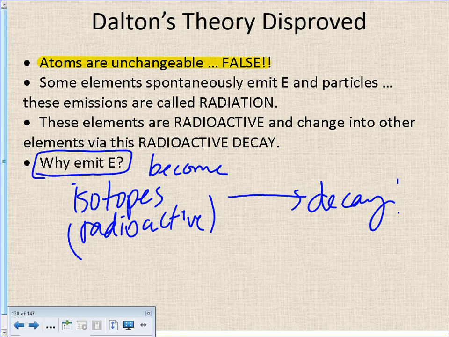Why are we emitting energy? It's because everything will become stable after it's released its pent-up energy. That's the theme here. Everything's decaying because it's unstable. We want it to become more stable. There's not a whole lot you're writing there, just the top and the bottom. I'm explaining a little bit more between.